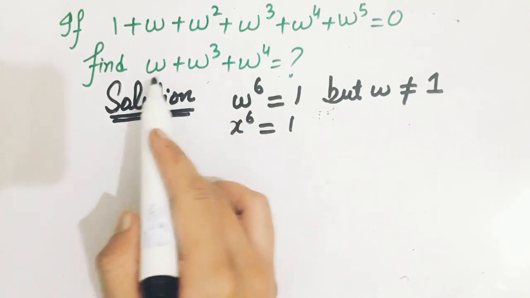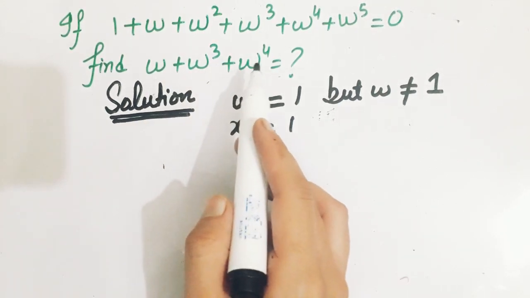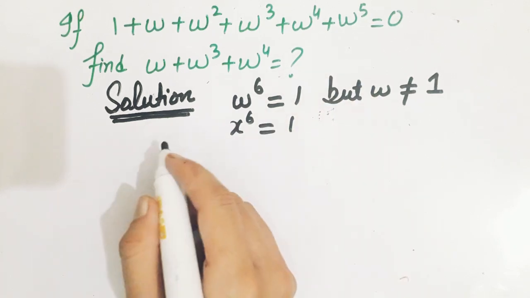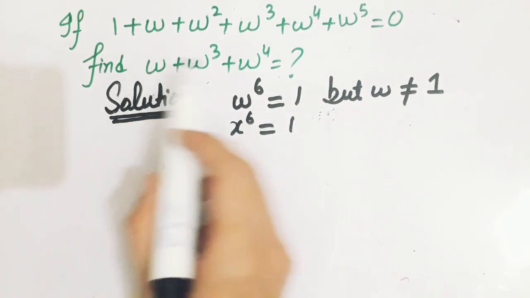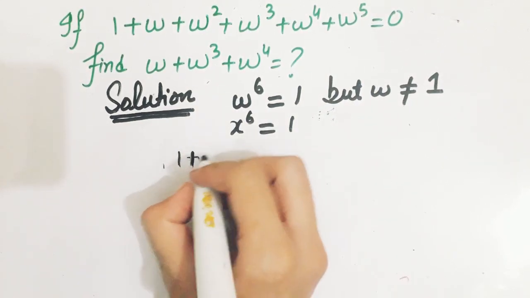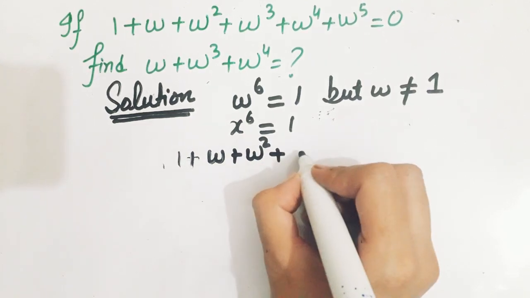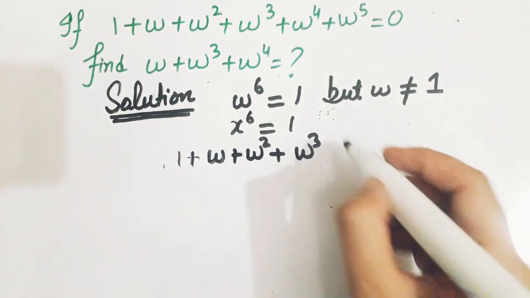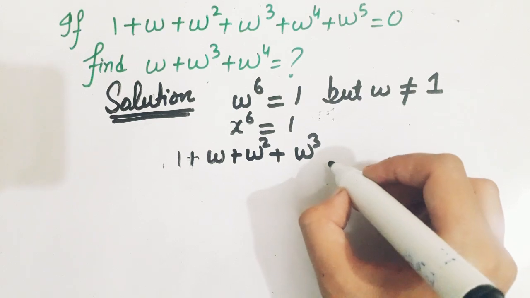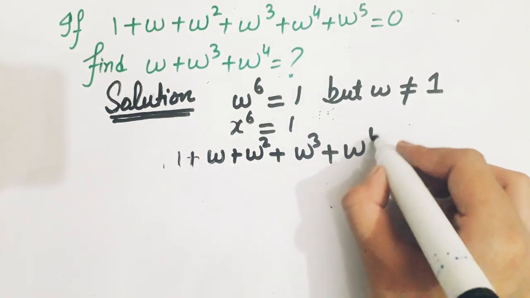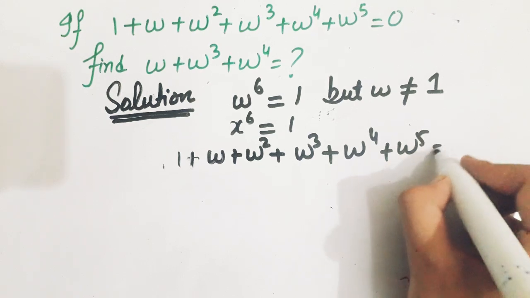We have to find omega plus omega cubed plus omega 4. We can rearrange into groups. We can write 1 plus omega squared plus omega cubed plus omega 4 plus omega 5 equals 0.